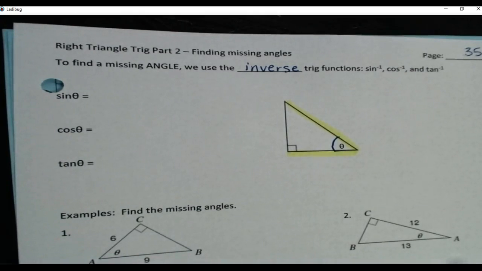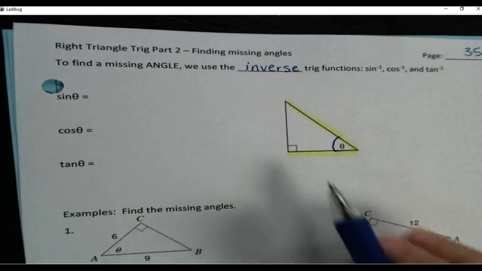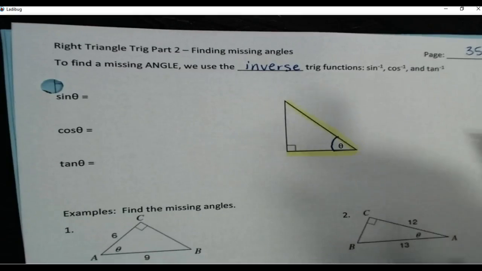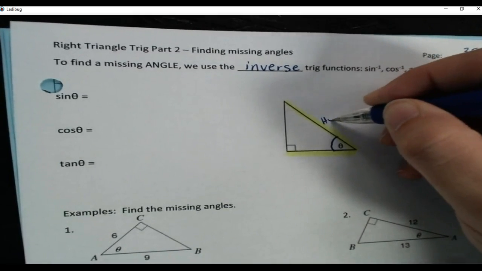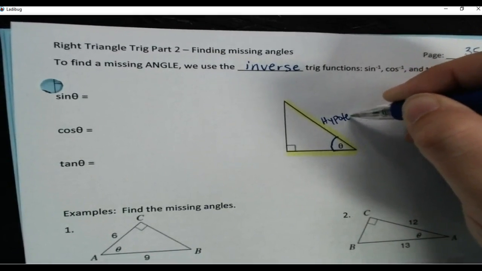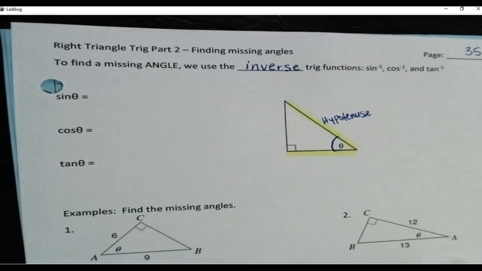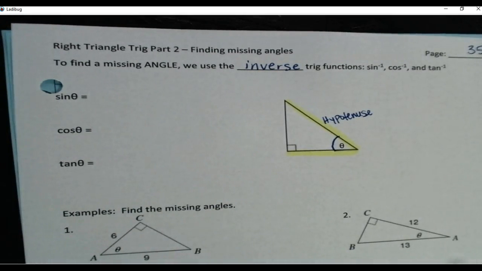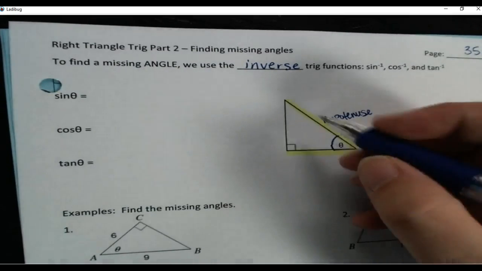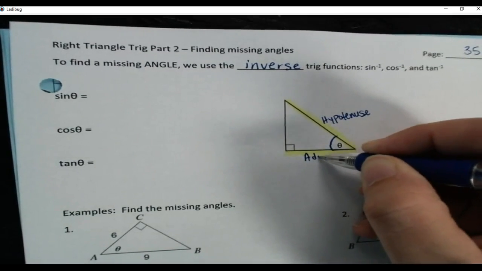Okay. Then, just like yesterday, labeling it the same. We've got our right angle, across from it is our hypotenuse. The other highlighted side is adjacent.